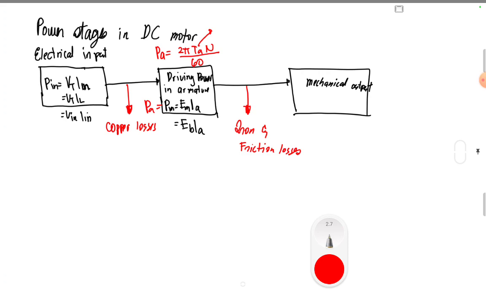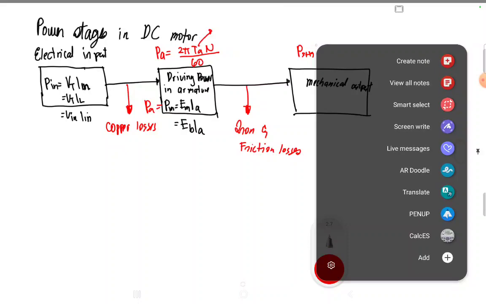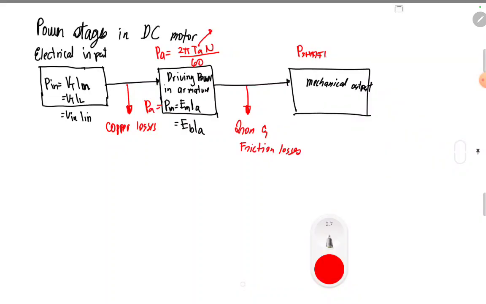So we'll have our T shaft, wherein the T shaft is the mechanical output of the motor, in which we may say that our P shaft is equal to our PA minus the power lost from our iron and friction.